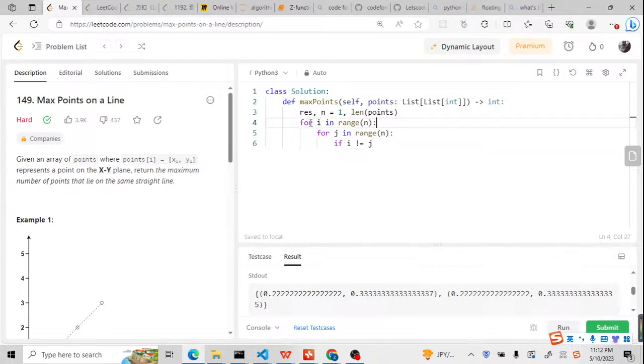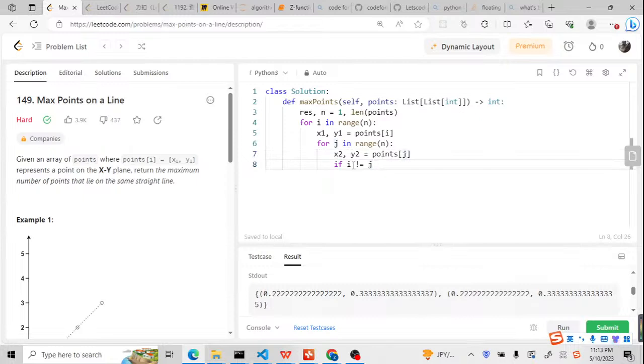But before this line, we need to check the first point. So we define x1 and y1 as points i, and here we prepare another point, x2 and y2, which should equal points j.